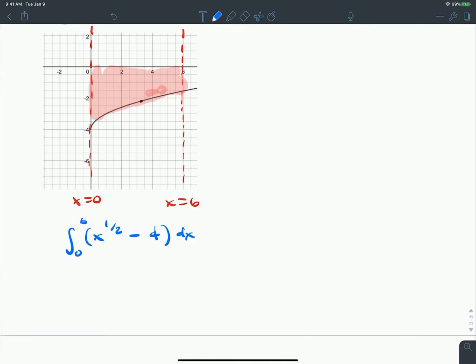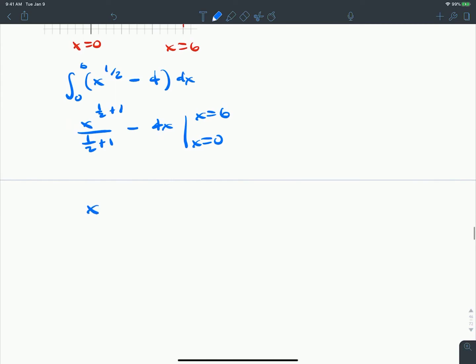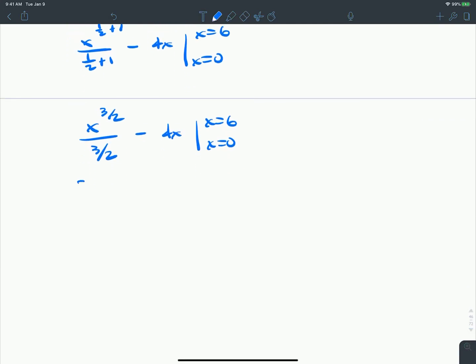We need the antiderivative. So we're going to take this x to the 1/2 plus 1 over 1/2 plus 1 minus 4x. We evaluate that from x is 0 to x is 6. So don't forget, 1/2 plus 1 is going to give us x to the 3/2 over 3/2 minus 4x. And so the antiderivative really becomes 2/3 x to the 3/2 minus 4x, x is 0 to x is 6.